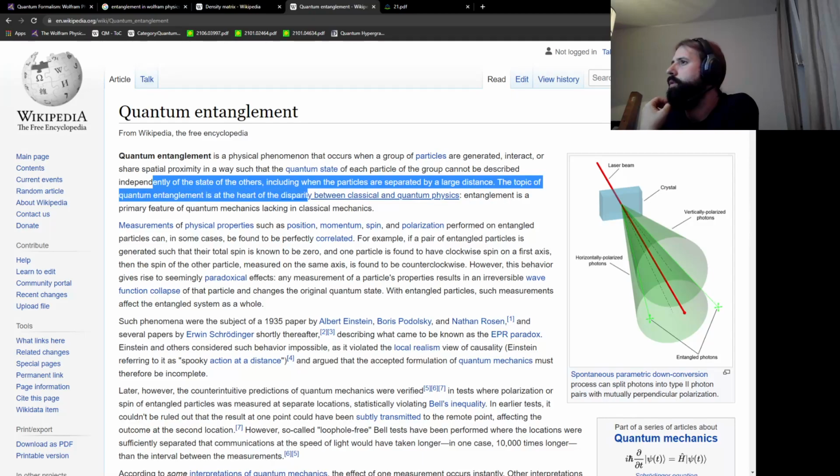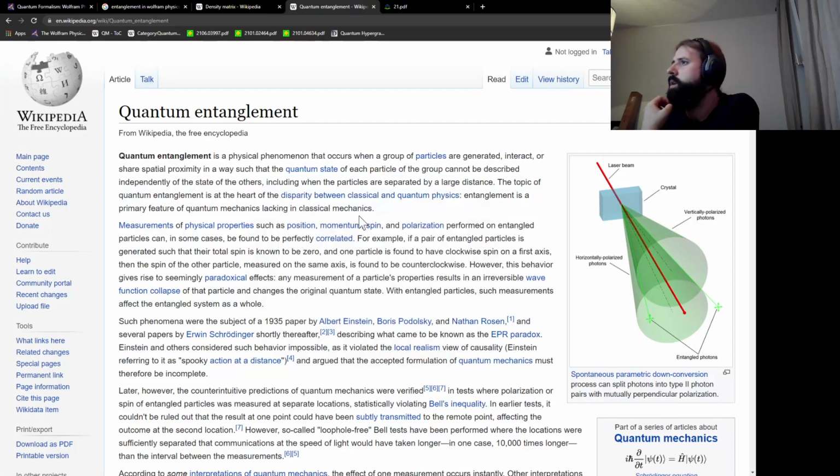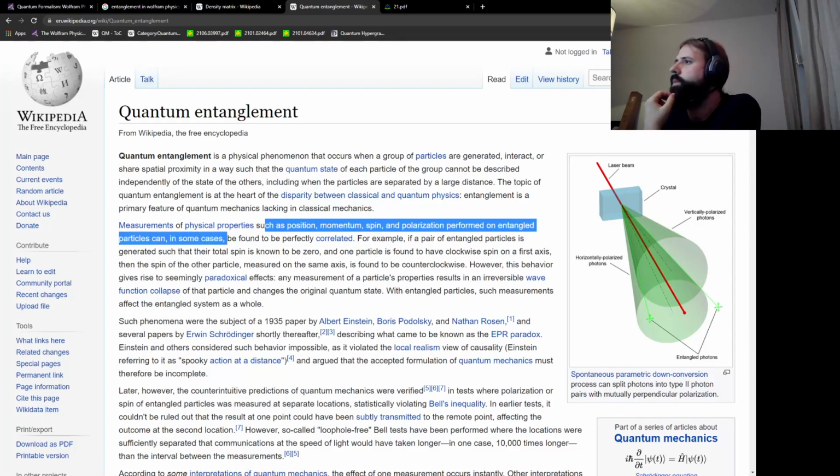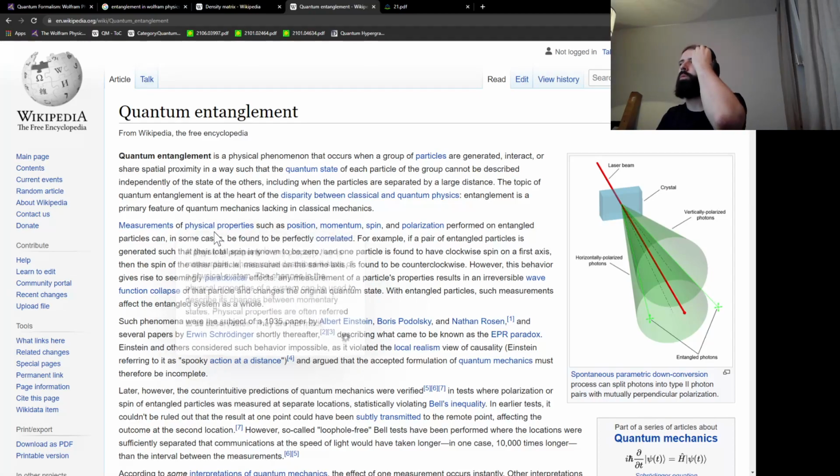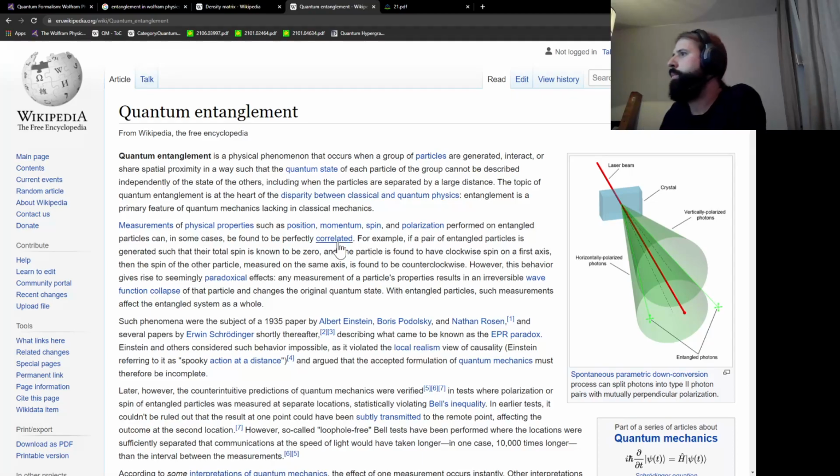The topic of quantum entanglement is at the heart of the disparity between classical and quantum physics. Measurements of physical properties such as position, momentum, spin, and polarization performed on entangled particles can in some cases be found to be perfectly correlated.